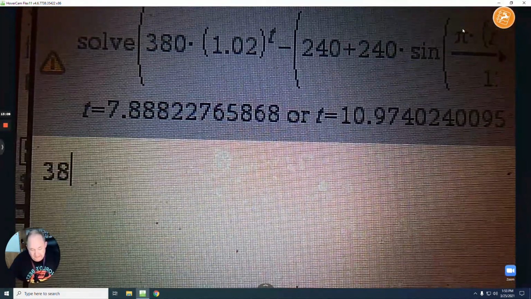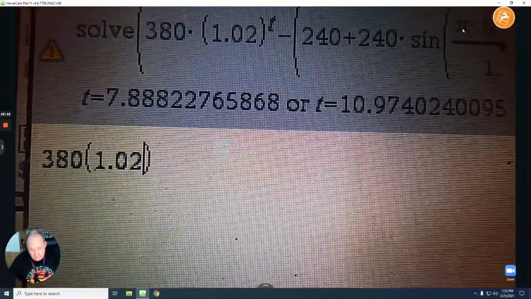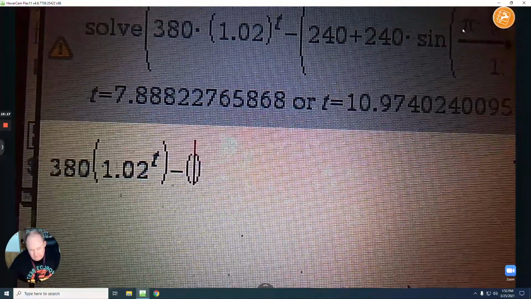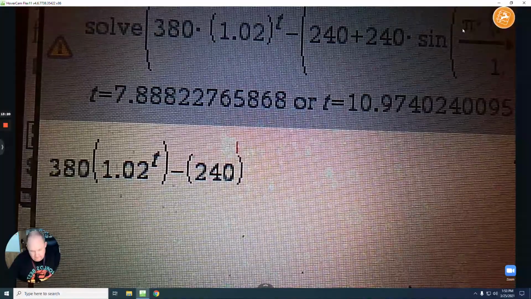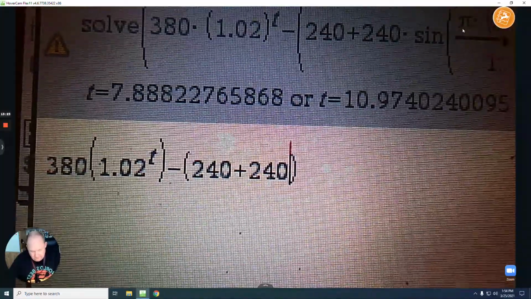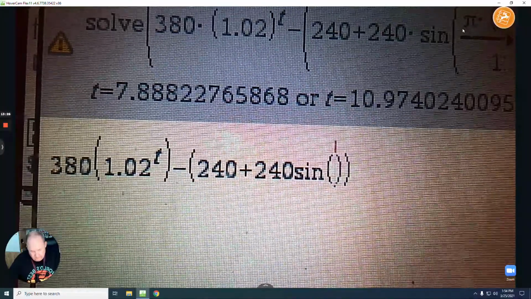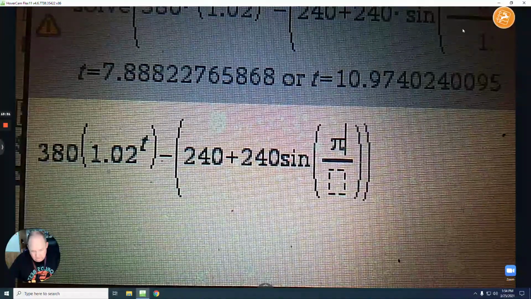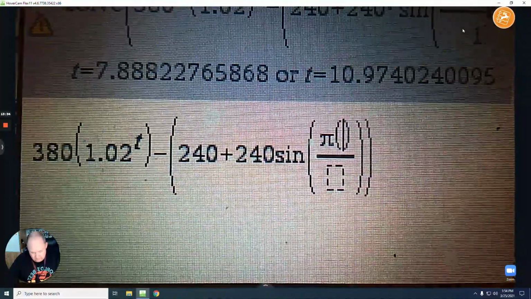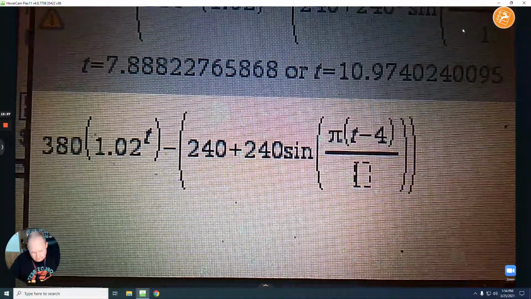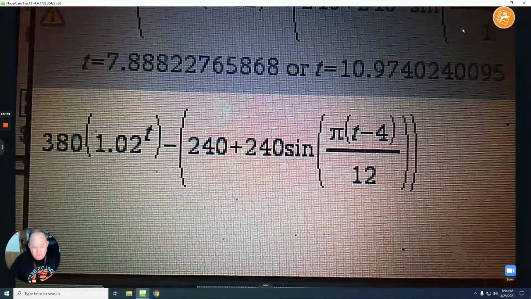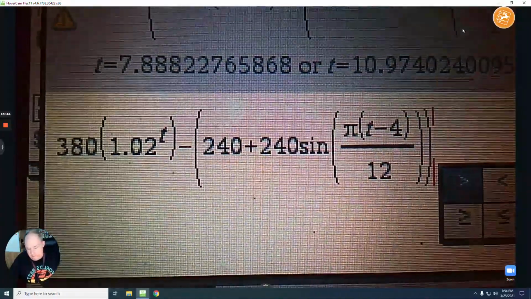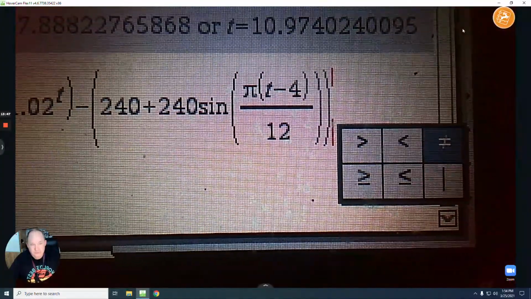So if I have 380 times 1.02 to the exponent t, subtract parentheses 240 plus 240 sine of pi t minus 4, over 12. Then I'm going to evaluate that at a number between 1 and 7.8 and see what the rate is.